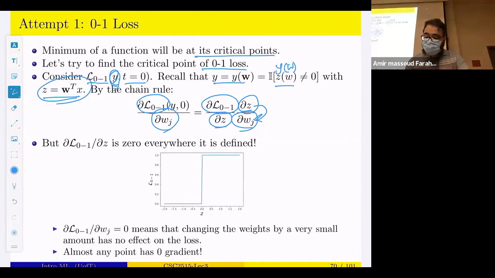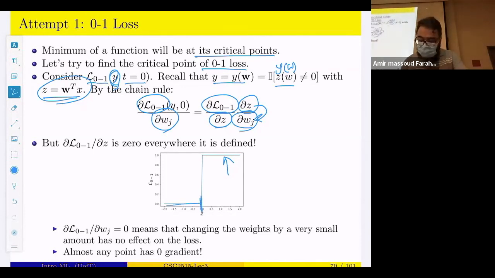But if we write the partial derivative of the loss as a function of z, you can convince yourself that the loss function as a function of z looks like this. It would be positive here, at the threshold value of 0.